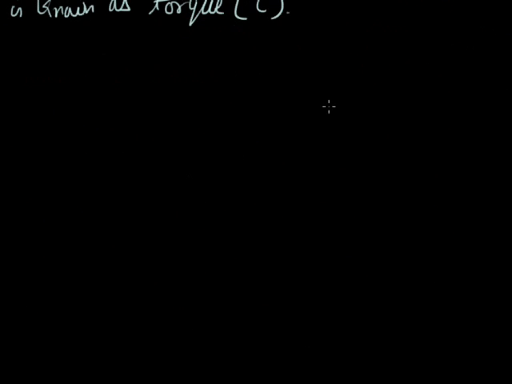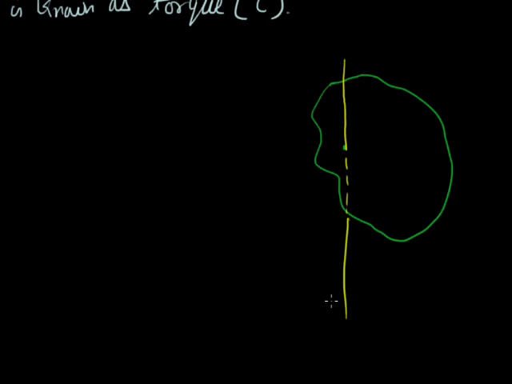For example, this is an object of any shape. It is free to rotate about this axis, which is passing through this point O. This is the axis of rotation. At this point, a force F is applied in this direction.